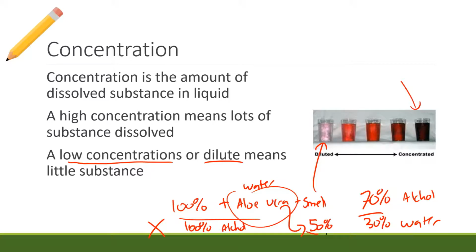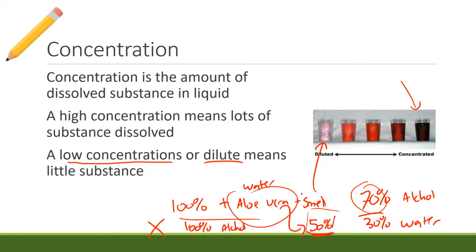At 50%, you're not even killing the virus anymore, because remember, it has to be more than 70. So sure, now you've got this liquid that smells nice and feels nice in your hands, but it's no longer killing the virus, so it's completely useless. And that's why concentration is important.